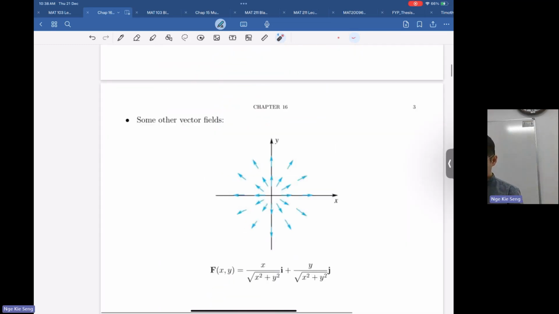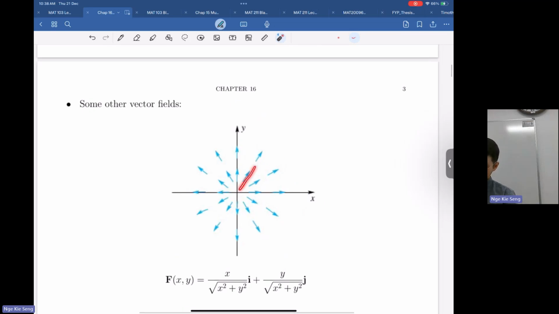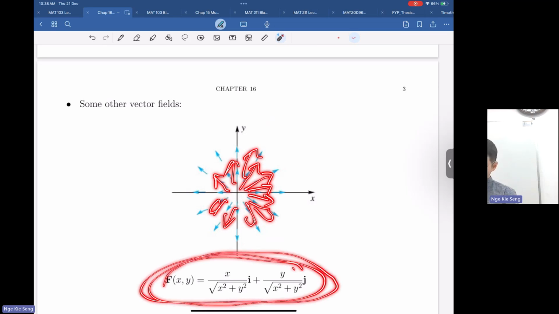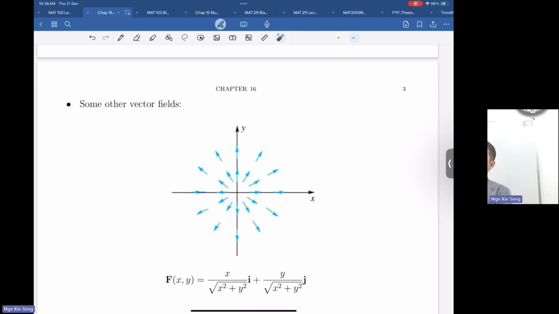Okay, next example is something like this. You can think of this force or vector pointing outwards all the way in the R2 dimension. This is the formula I gave here. What is this square root of x squared plus y squared again? I popped it up again. This is the norm function. It means that at every point the arrow points outward, and the magnitude is not depending on the depth.